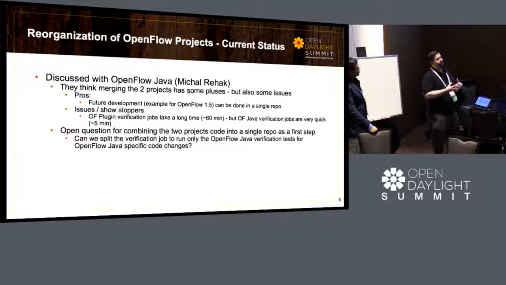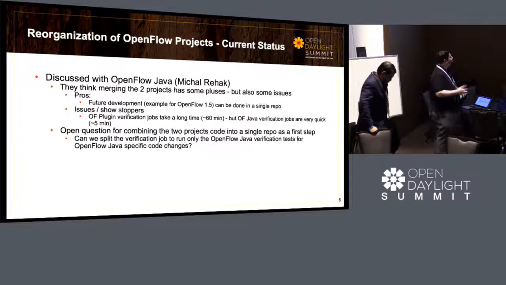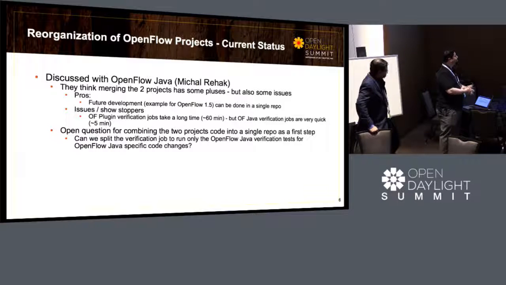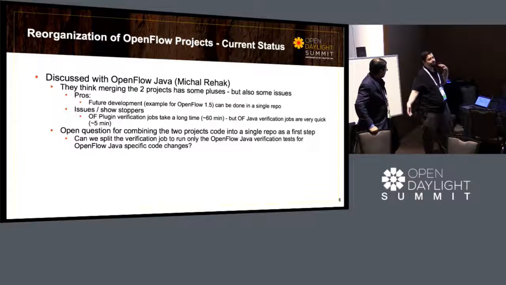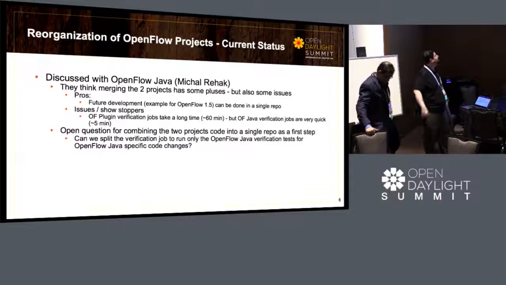counteracting the two-repo problem: OpenFlow plugin verification jobs take a long time, because they have a series of system tests. But OpenFlow Java verification jobs are very quick, like 2 minutes or so.